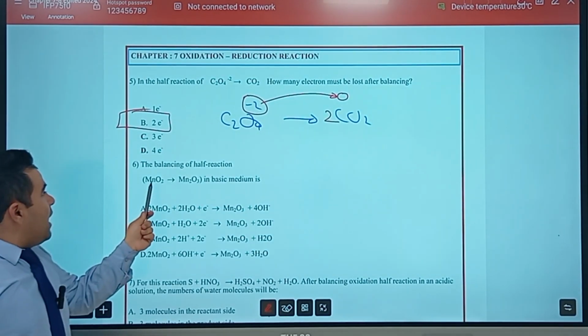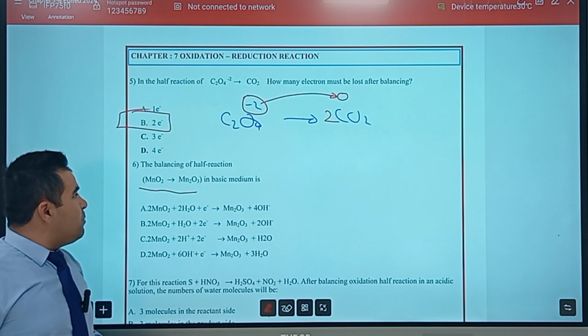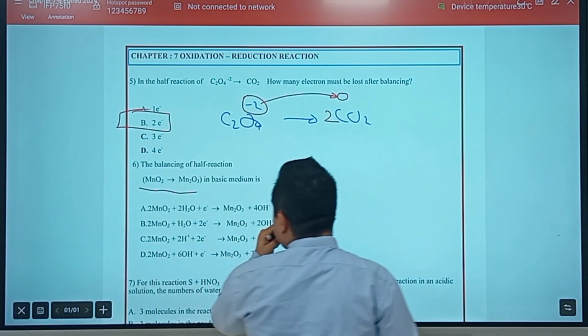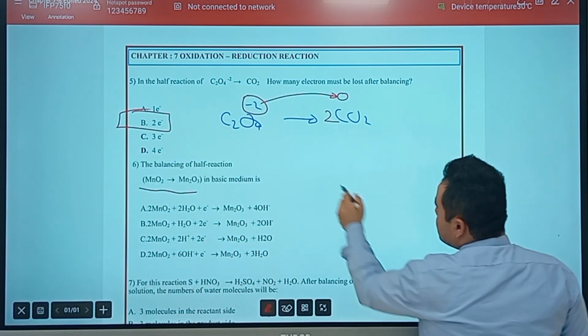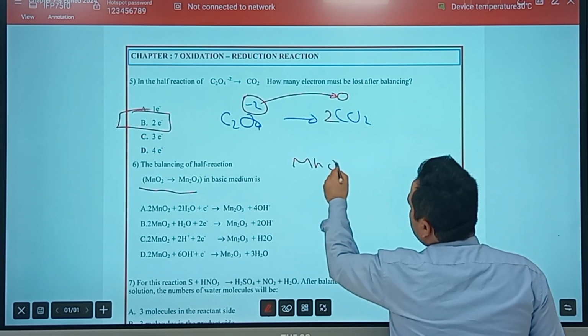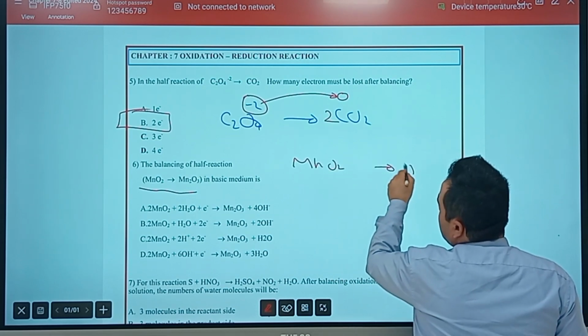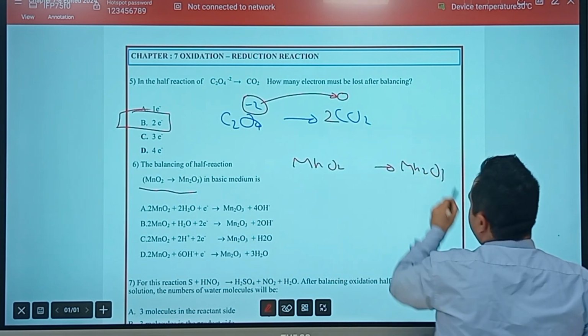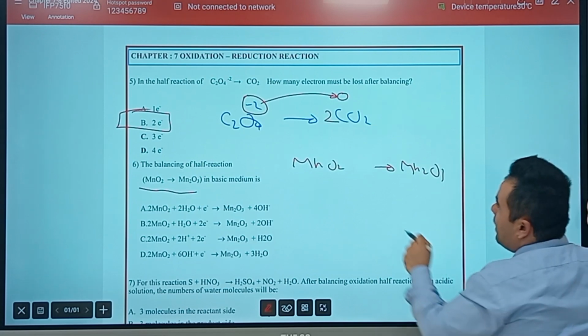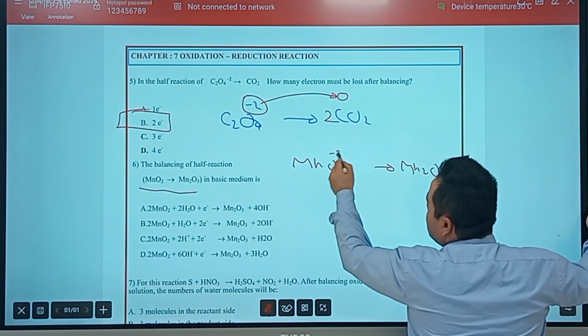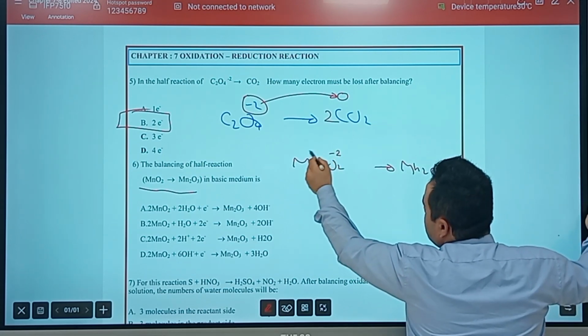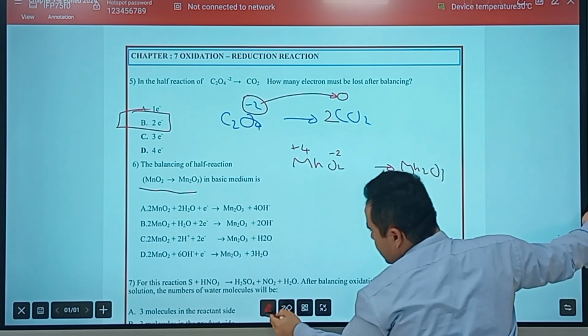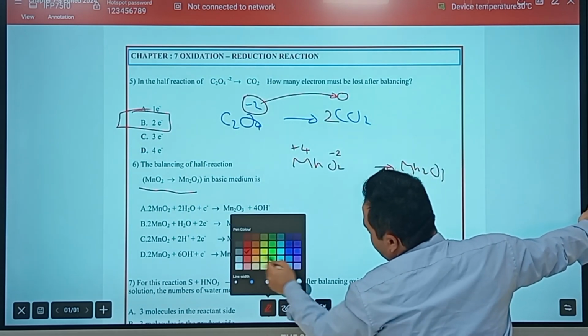Balance this half reaction in basic medium. In basic medium, let us balance the half reaction, guys. MnO2 produce Mn2O3. What happens to the Mn, guys? Oxygen is -2, so Mn will be 4 plus 4. In this reaction, it is 4.